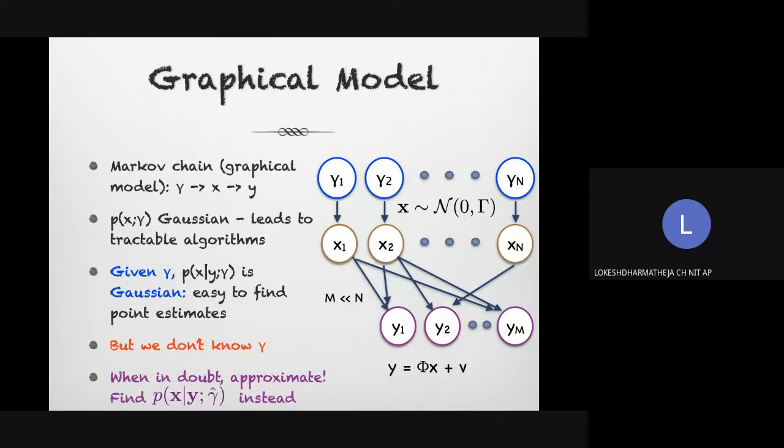Correct. So we are going through this much process in type 2. What is the advantage over type 1?